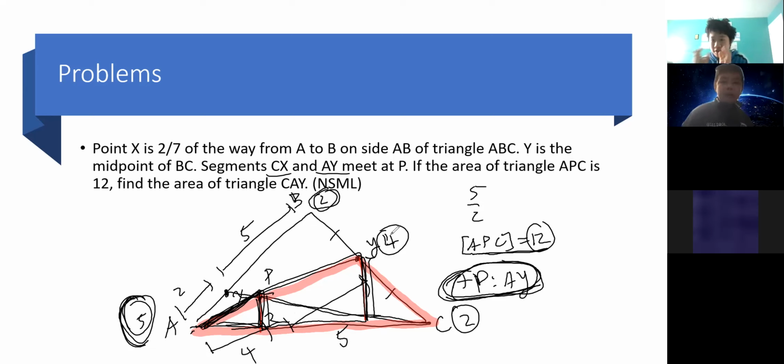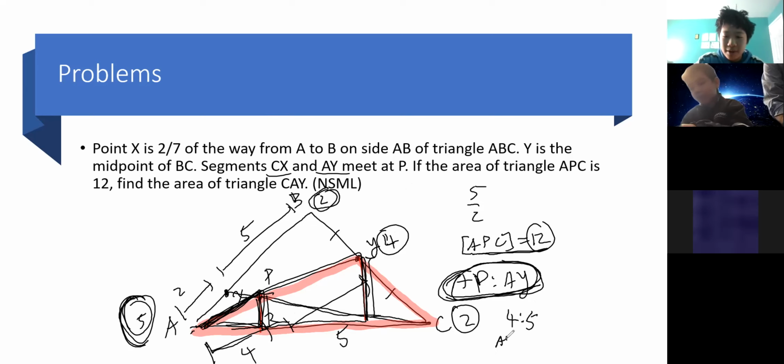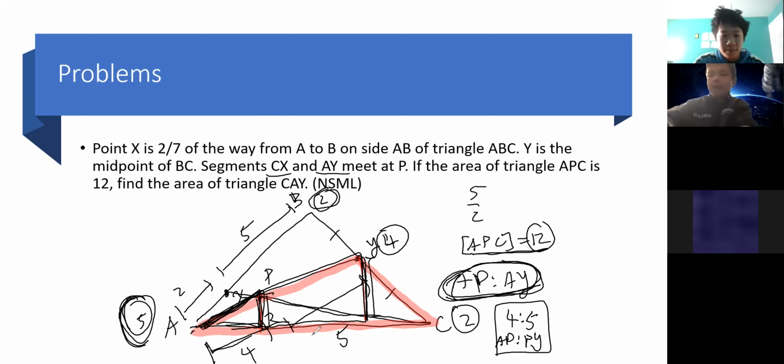Because the 4 has to be farther away from the pivot point, which is P, than A. So the ratio between AP and AY must be 4 to 5 then. No, the ratio between AP to PY, so make sure we got this. 4 to 5 is the same thing as AP to PY.